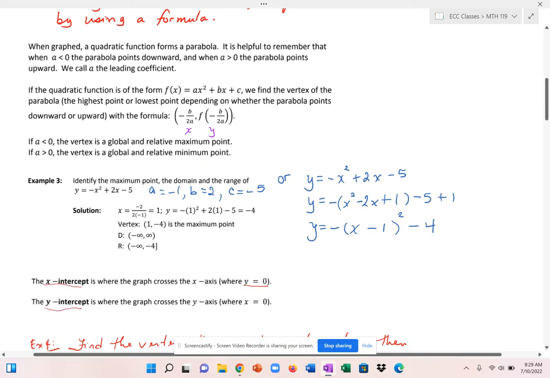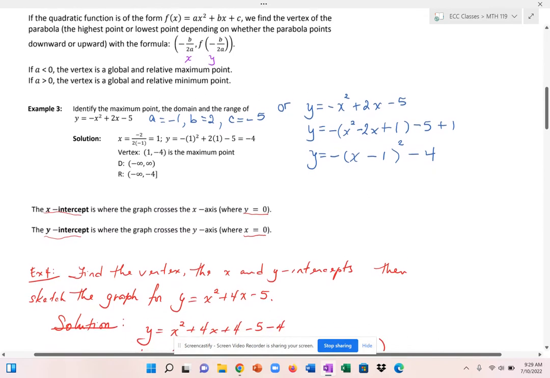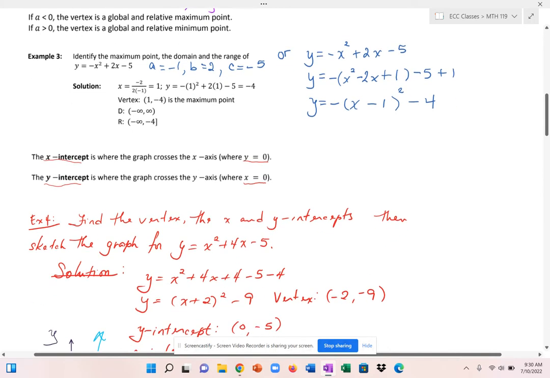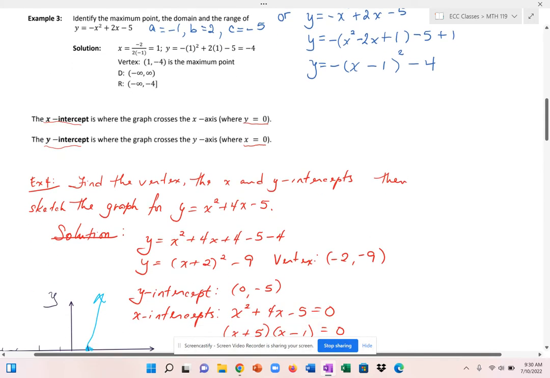Your y-intercept is where the graph crosses the y-axis, and you find that by letting x equal 0 and solving for y. So here we're going to find the vertex as well as the x and y intercepts, and then we'll sketch the graph. With those points and knowing the shape of the parabola, we have plenty of information to sketch the graph.